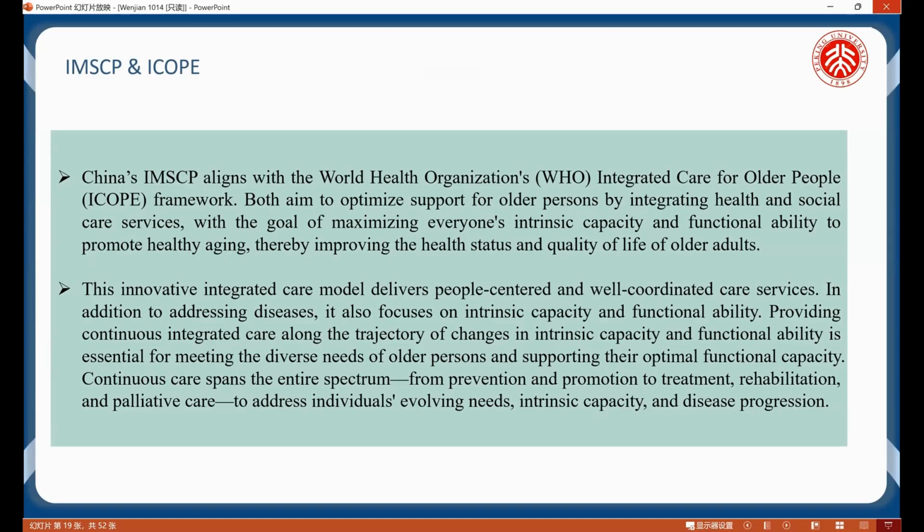This integrated care model delivers people-centered and well-coordinated care services. In addition to addressing diseases, it also focuses on intrinsic capacity and functional ability, providing continuous integrated care along the trajectory of intrinsic capacity and functional ability, which is essential for meeting the diverse needs of older persons.